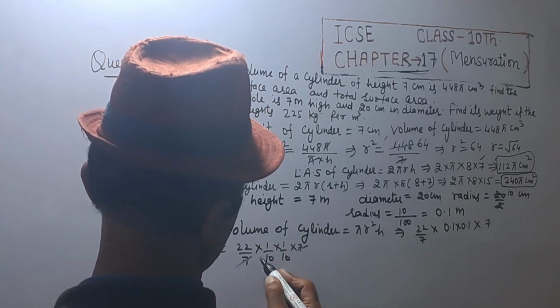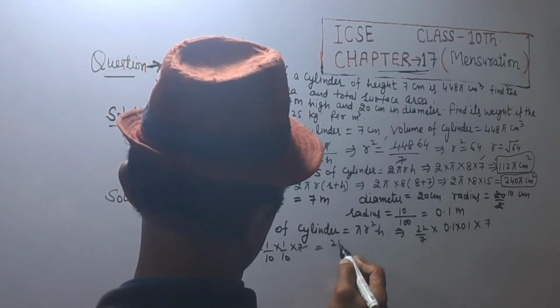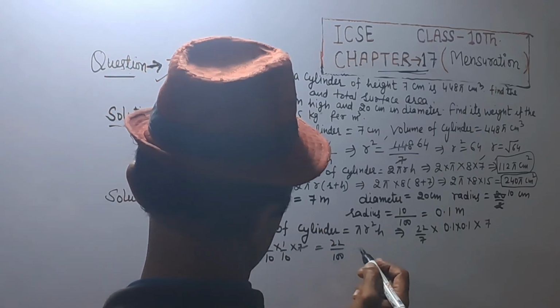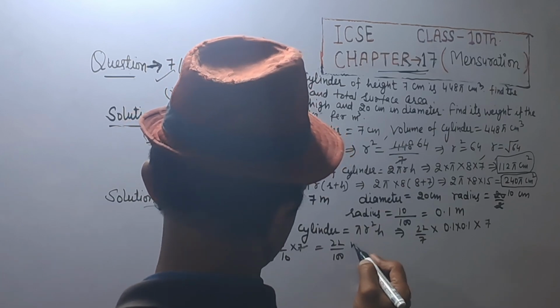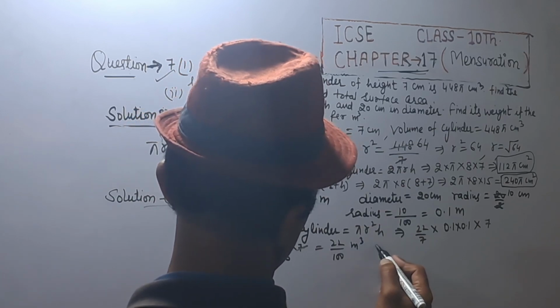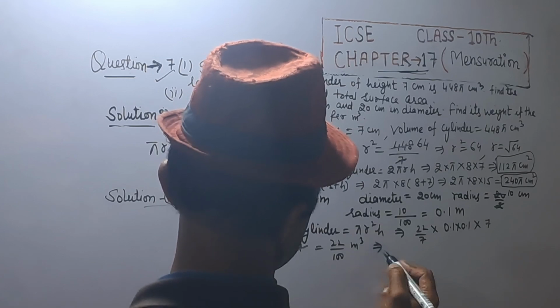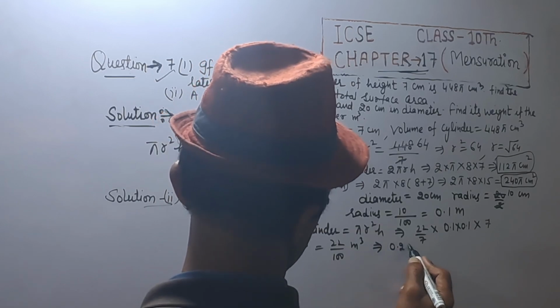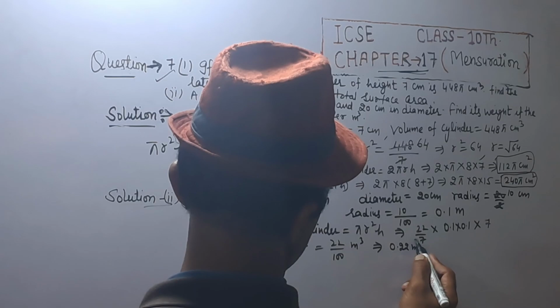This is cancel, and 22 upon 100 meter cube, which implies 0.22 meter cube.